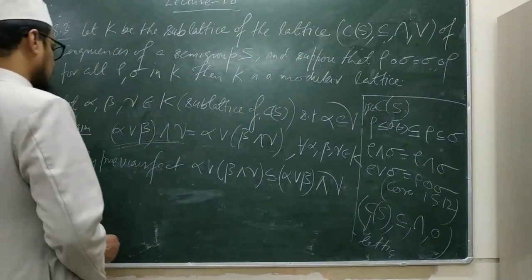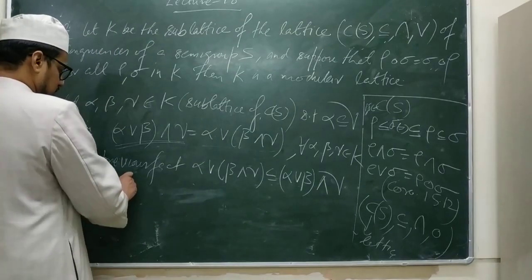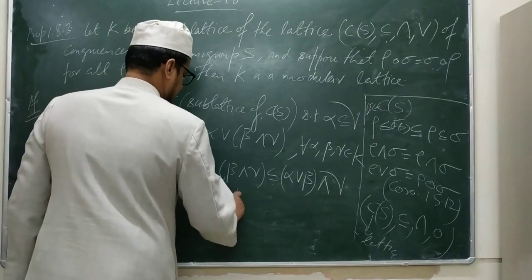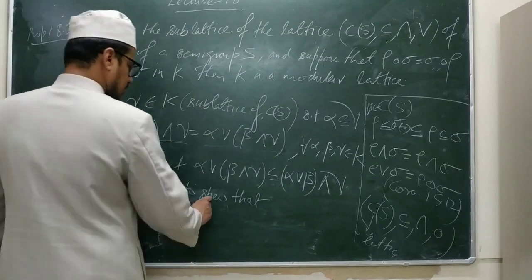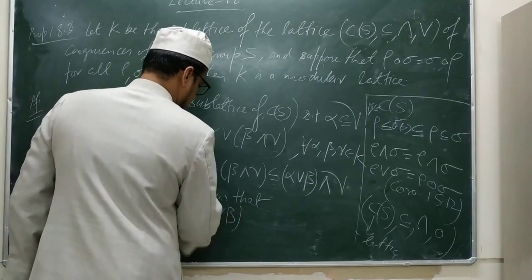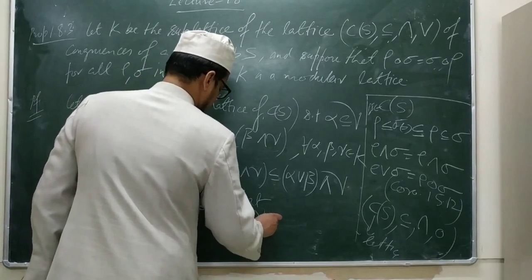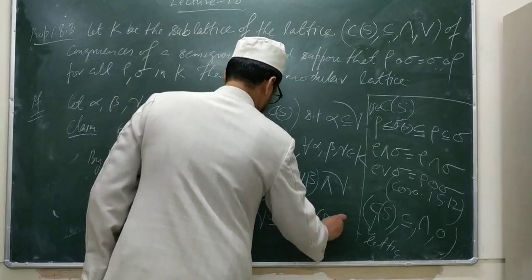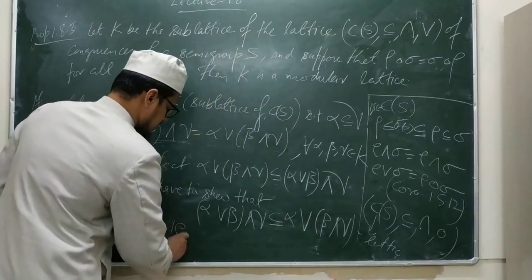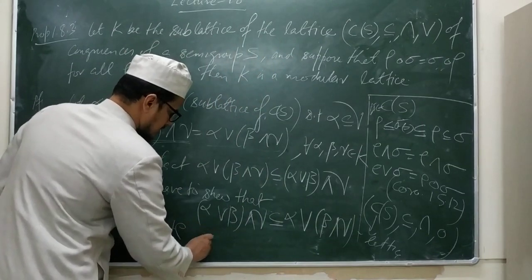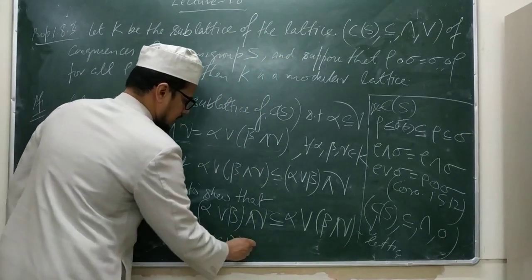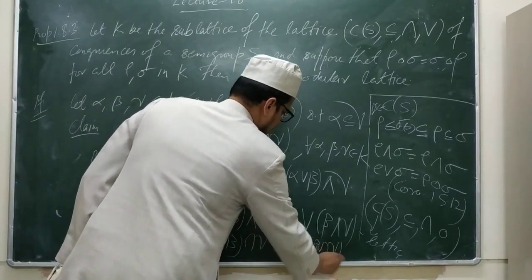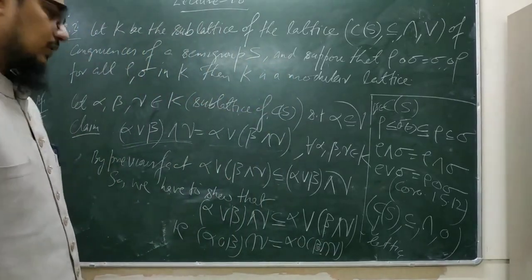So we have to show that (alpha join beta) meet gamma is a subset of alpha join (beta meet gamma), or you can say that alpha composition beta intersection gamma is contained in alpha composition (beta intersection gamma). Basically we have to prove this, isn't it?